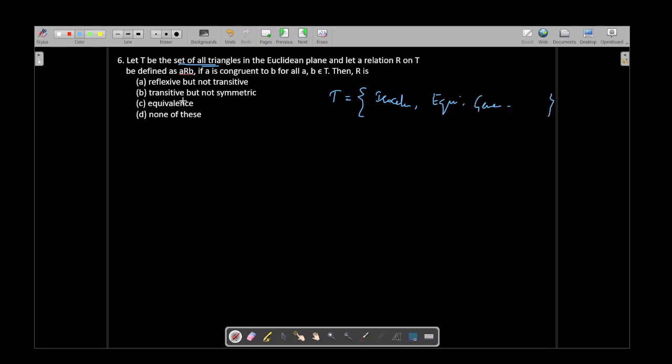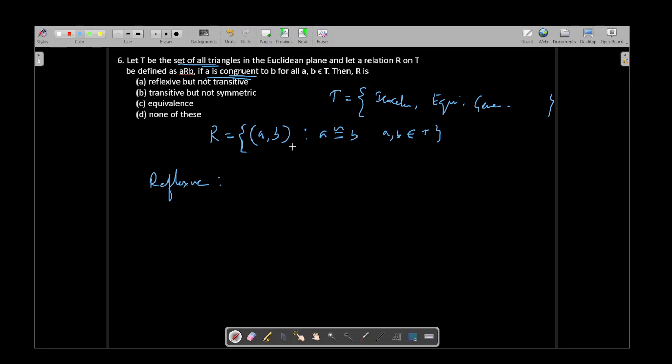In the relation we are taking only triangles which are congruent to each other, like A is congruent to B. So (A, B) is a relation where A is congruent to B and (A, B) belongs to R. We have to check for the properties, like the reflexive property.